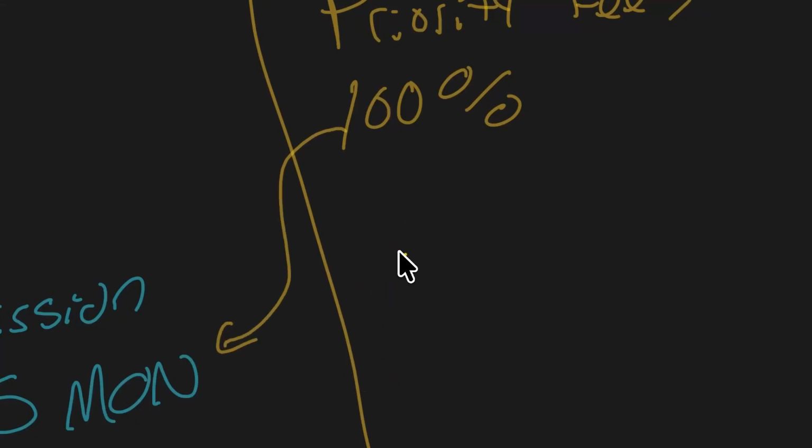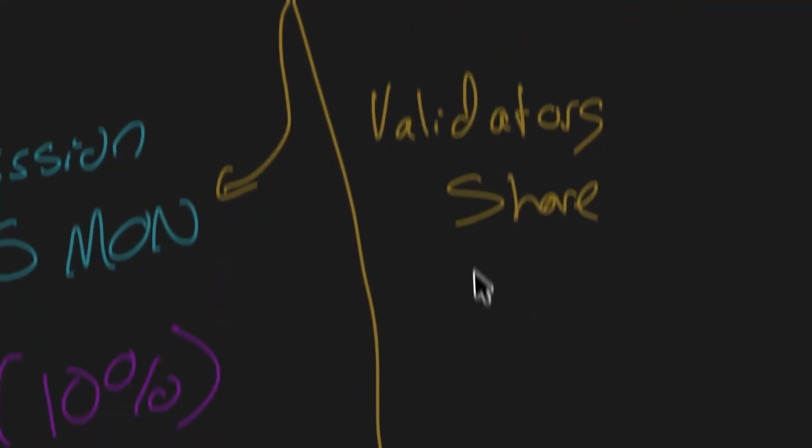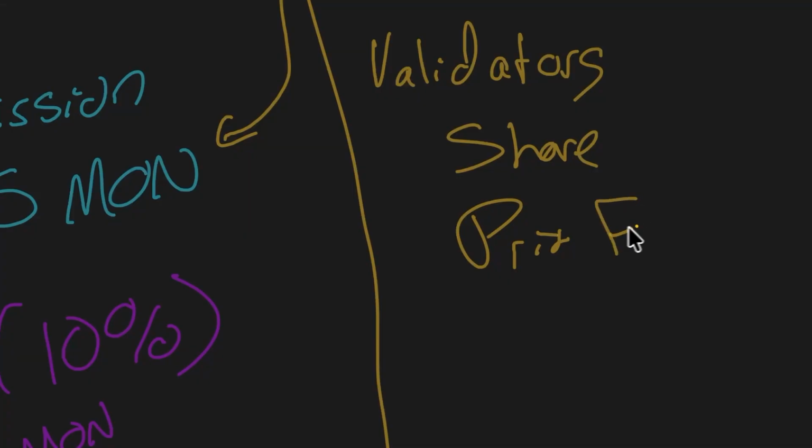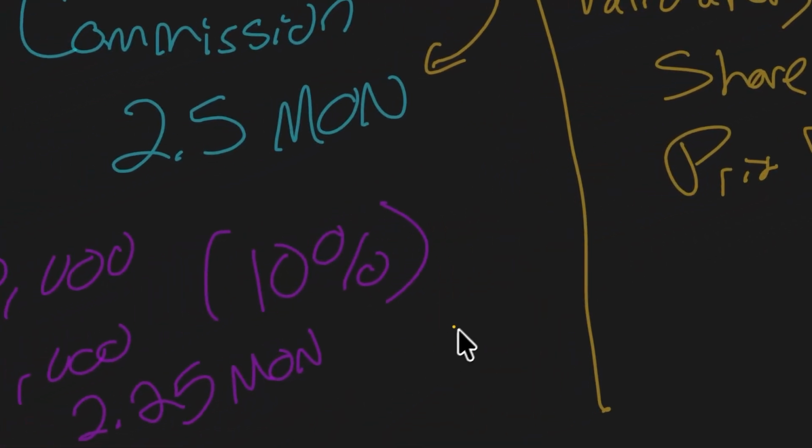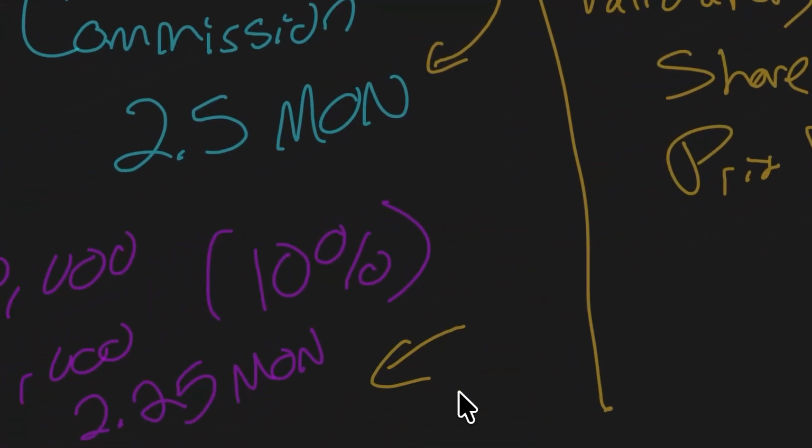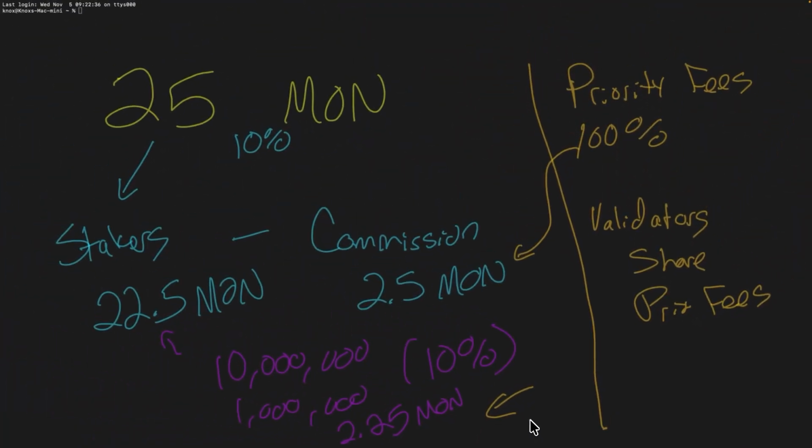But they did build a mechanism where validators can share their priority fees. So it is possible that you could make more than just this hypothetical 2.25 MON in this situation if there are priority fees on the network.